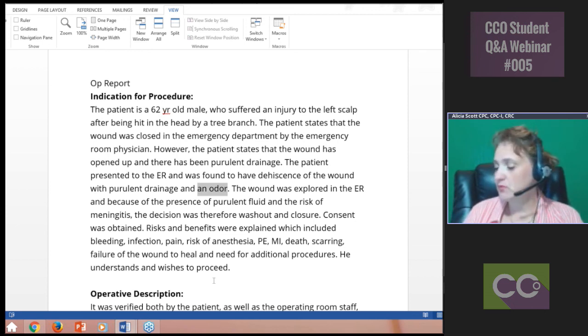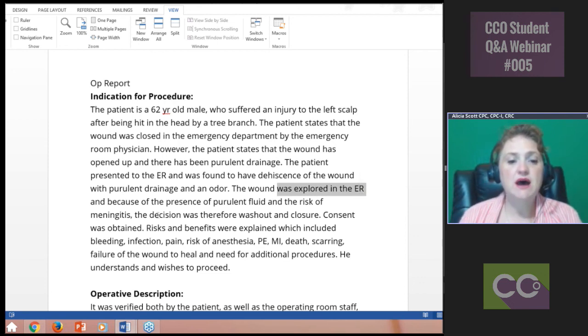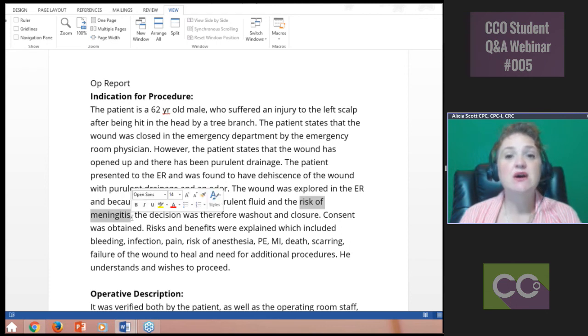So what do they do? They do what you would think. They explore the wound in the ER. So they go and they look at it. And because there's the presence of this fluid, this is where I was telling you, the risk of meningitis. Why? Because you've got an open, infected wound on the head next to the brain. What is meningitis?